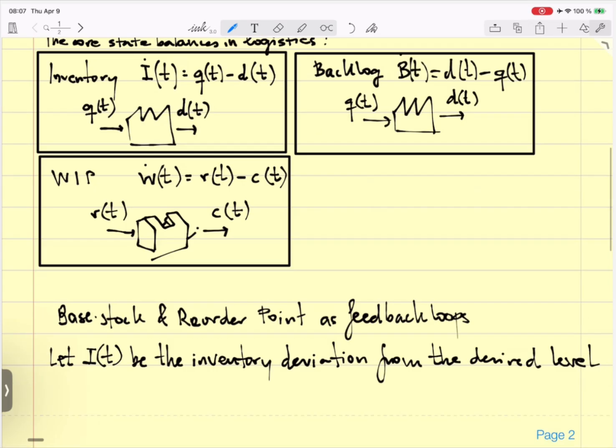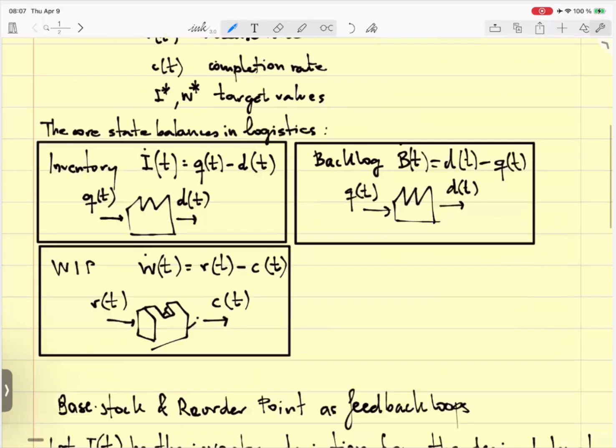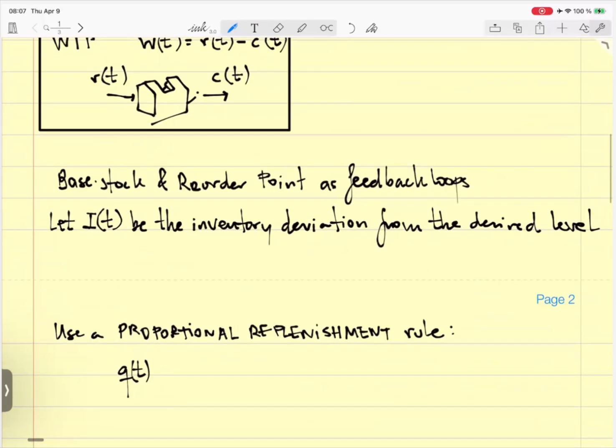Q, remember, is the replenishment rate. How do we fill in the shelves? It's going to be equal to K, proportional, to the difference between the target inventory minus the real inventory.